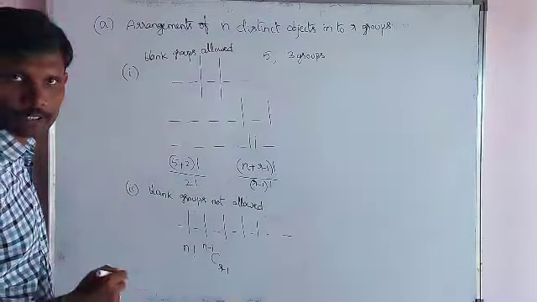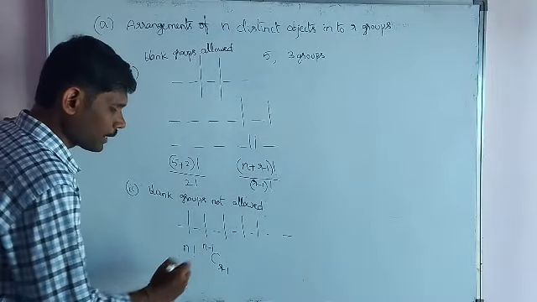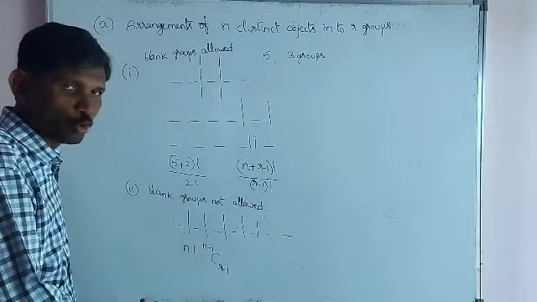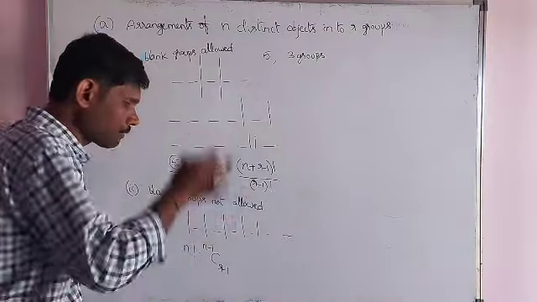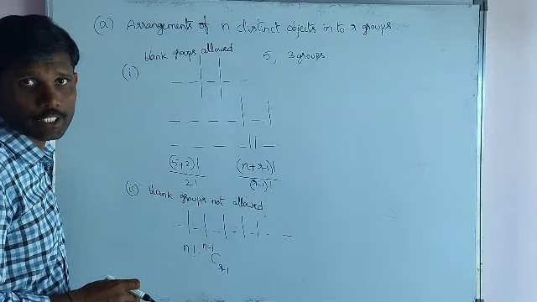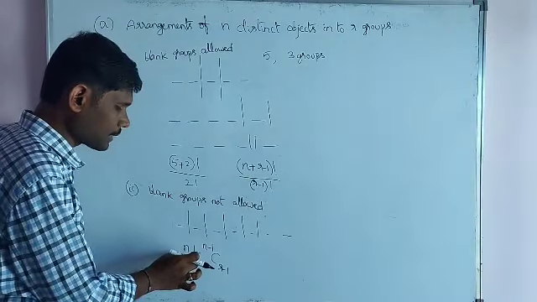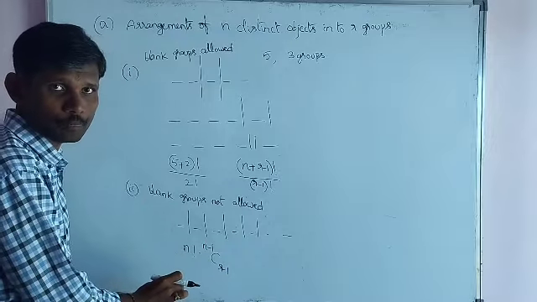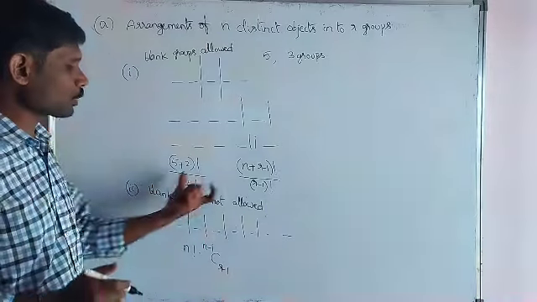Therefore, by the multiplication principle, n factorial into (n minus 1)C(r minus 1). So we are dividing the task into two parts. First we are arranging the objects and then we are putting the partition marks. So for arranging the objects n factorial and then for placing the partition marks (n minus 1)C(r minus 1). So this is the second case, blank groups not allowed.